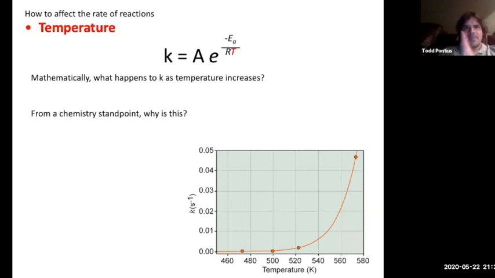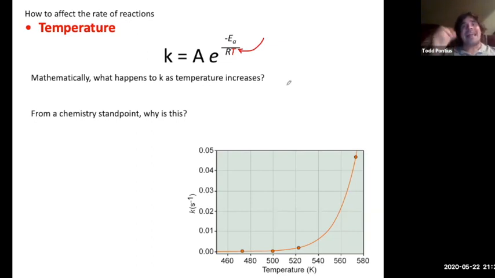So now we're going to quantitatively evaluate how temperature affects reaction rate. Mathematically, what happens as temperature increases? What I mean by mathematically is we can see here that temperature is in the denominator of the exponent. Moreover, our exponent here is negative. So as temperature increases, the denominator increases, which means the magnitude of our exponent gets smaller and smaller, closer to 0.